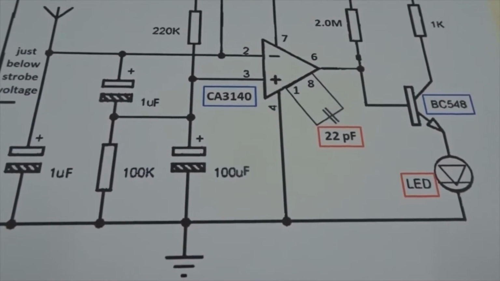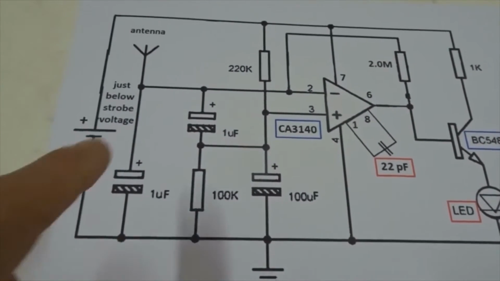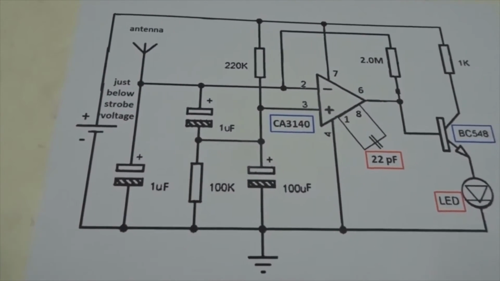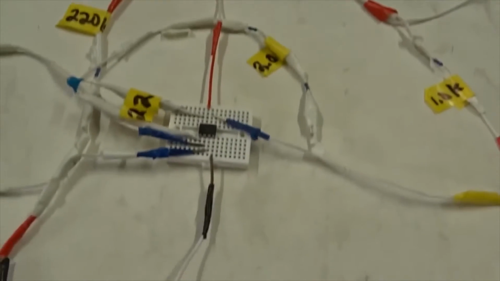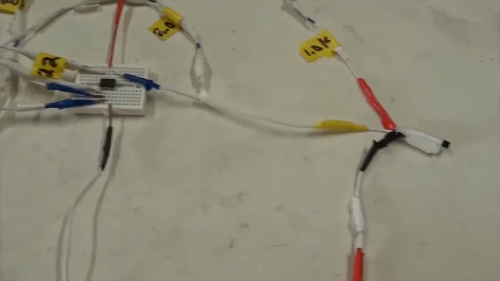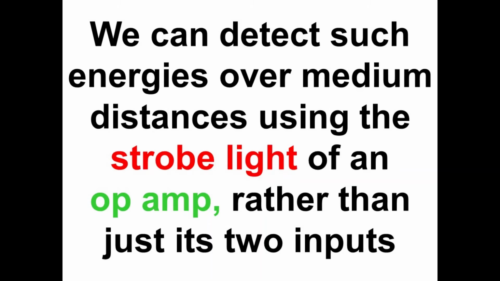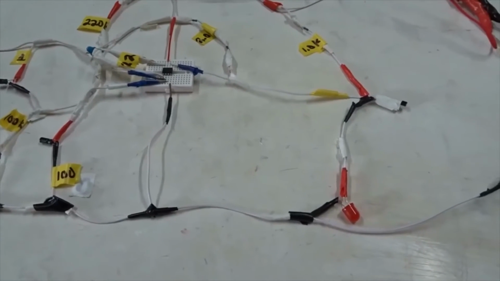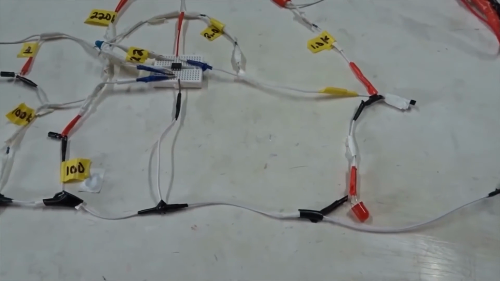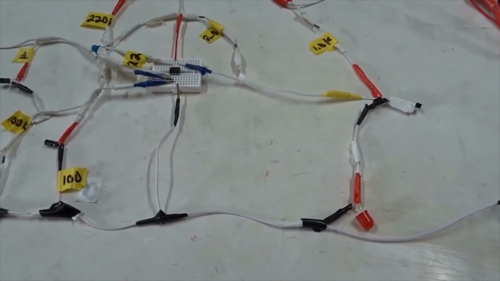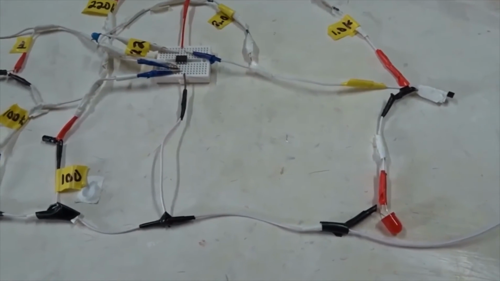Now that's fine, but it's not very sensitive because the energies are so weak. There's your operational amplifier, there's the transistor, there's the LED. The new method is based on the fact that all single output operational amplifiers have a strobe light function built into them.